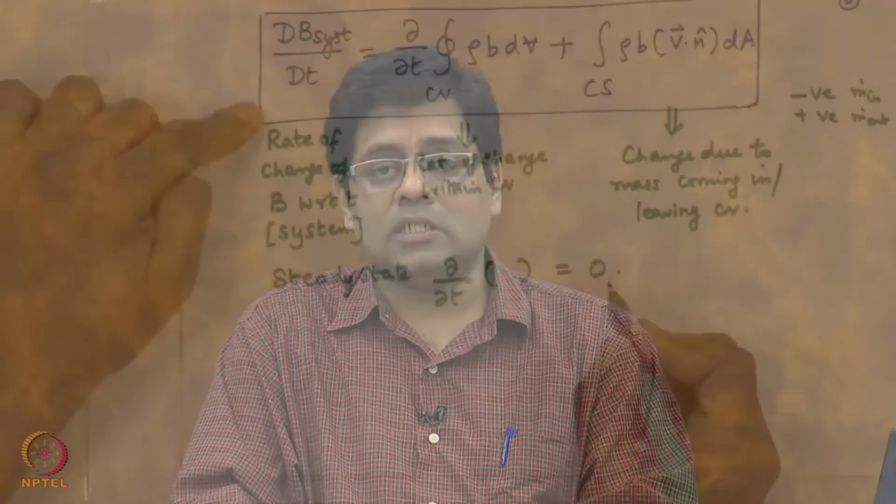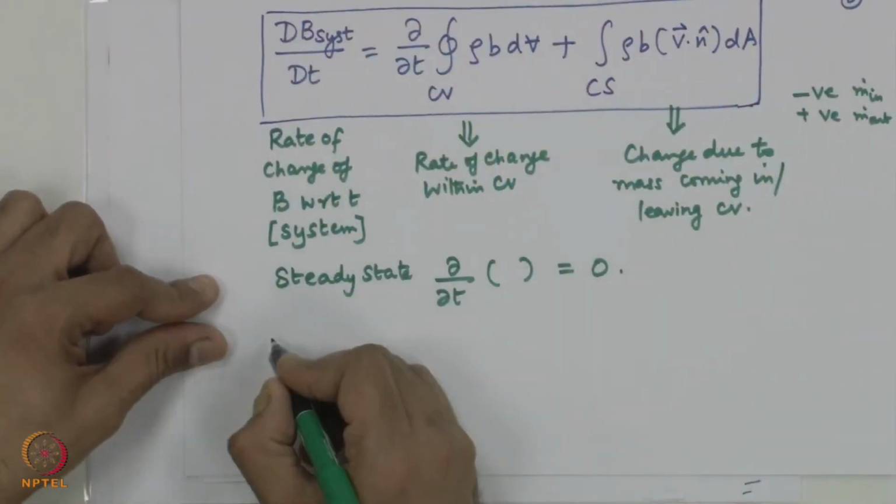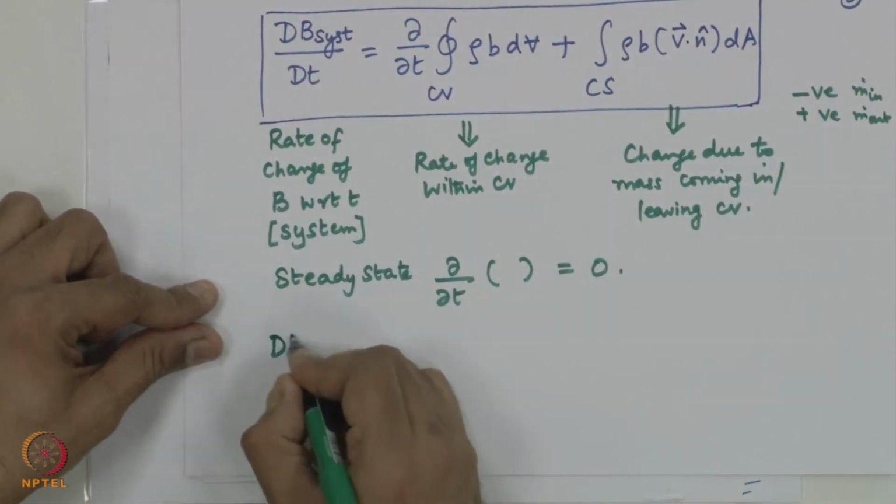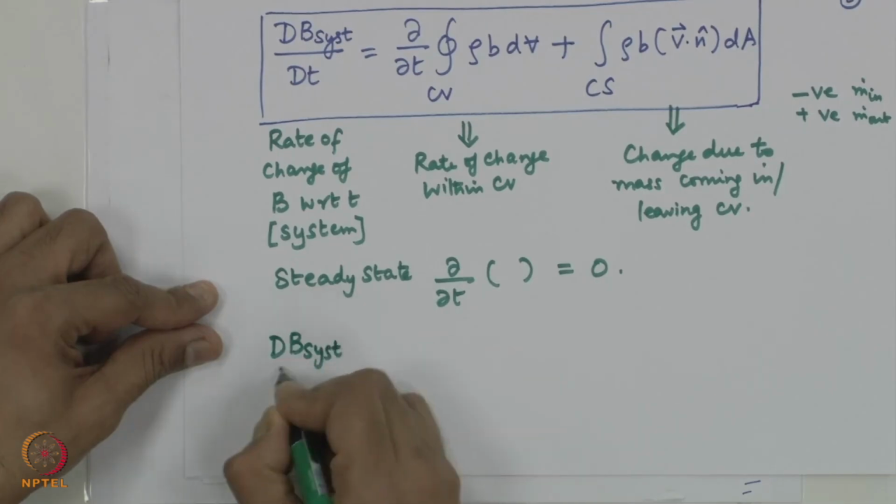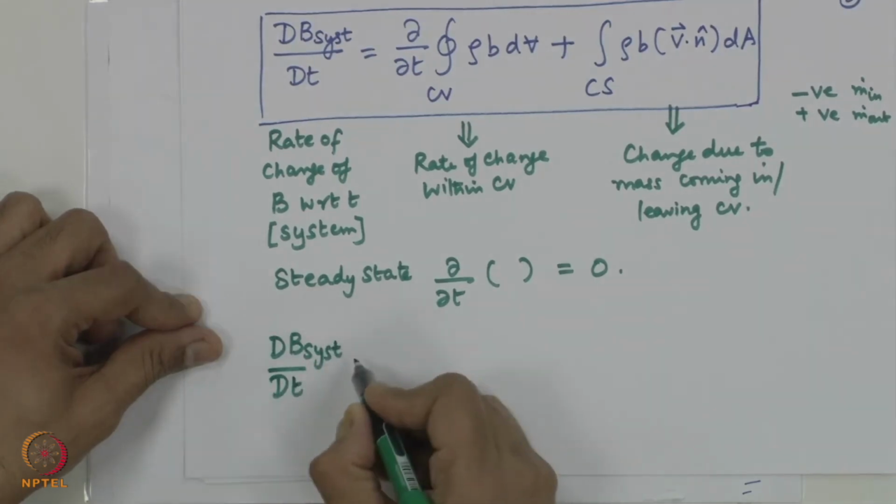So, steady state system, and there will always be a difficulty for students about which term to cancel for steady state. When I say steady state, d by dt of any quantity is equal to 0. dB by dt of the system will be 0 because by definition, a system is a fixed mass.